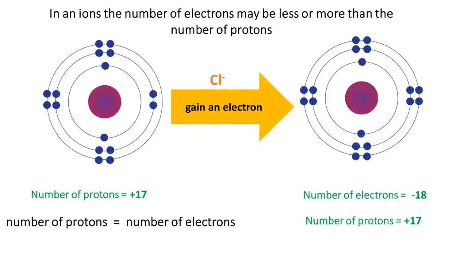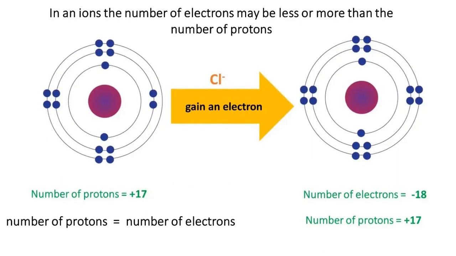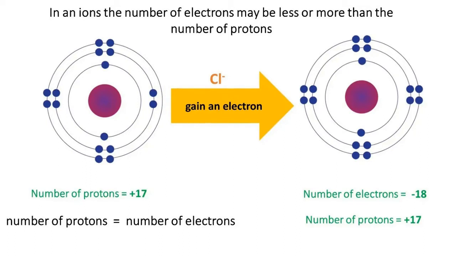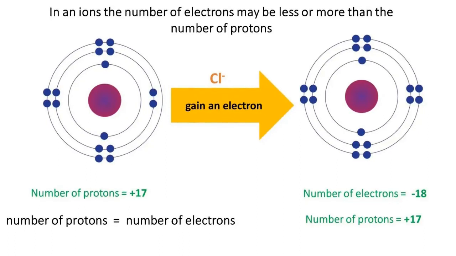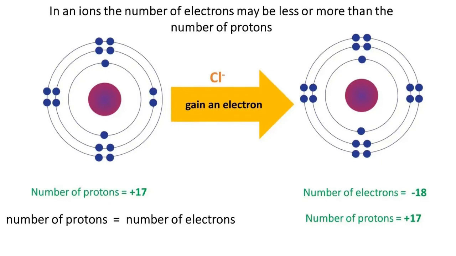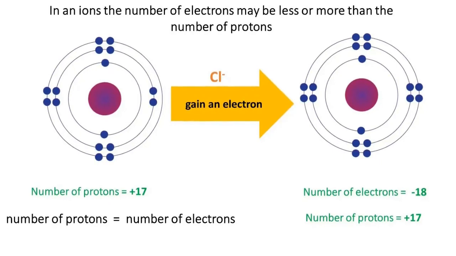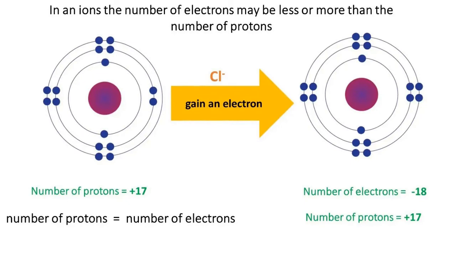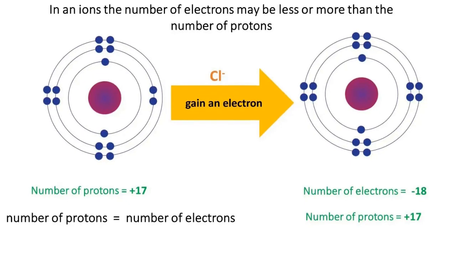The number of electrons in anions is greater than the number of protons. Note that the number of protons in an ion formed by a particular atom does not change, its atomic number remains unchanged.